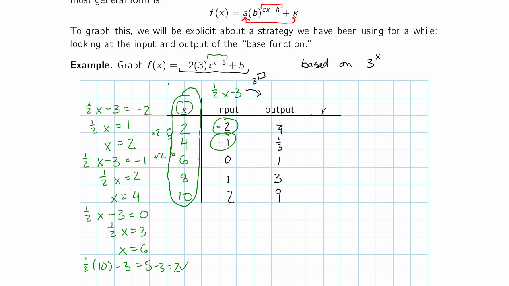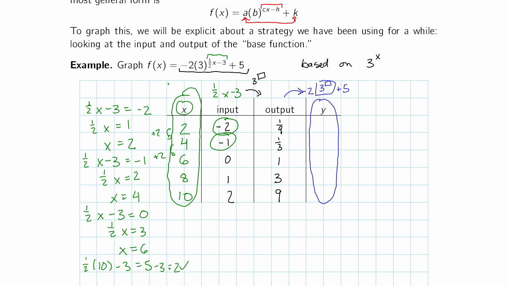We're going to find our y values in this column. And how are we going to find those? Well, in our specific function, we're taking -2 times what we get when we take 3 to the something and adding 5. So to get the y values, we're going to go from this column.